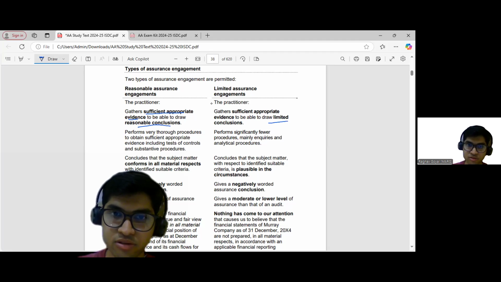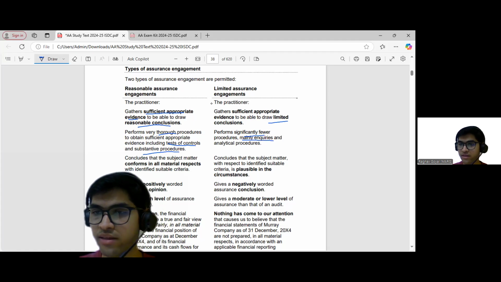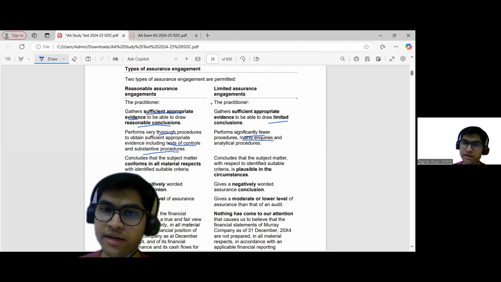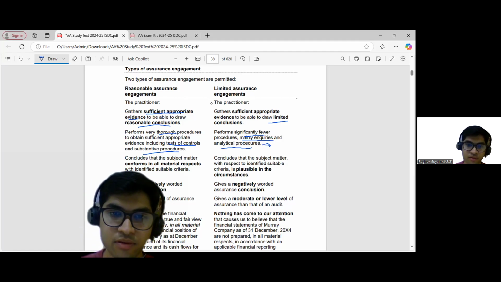The procedures performed are very thorough, which includes test of controls and substantive procedures. But for limited, fewer procedures, mainly inquiries, asking the client why things are the way they are, and analytical procedures. Analytical procedures basically involve recalculating and all those things.